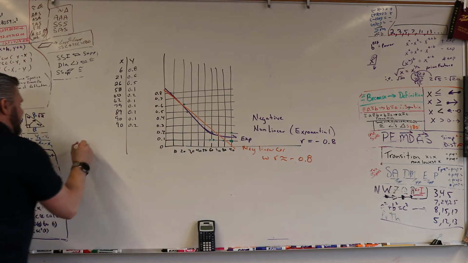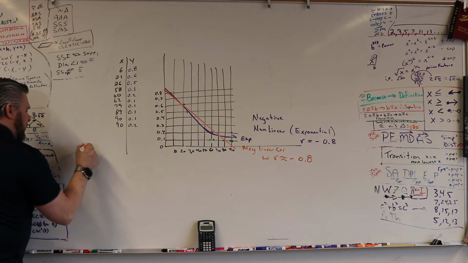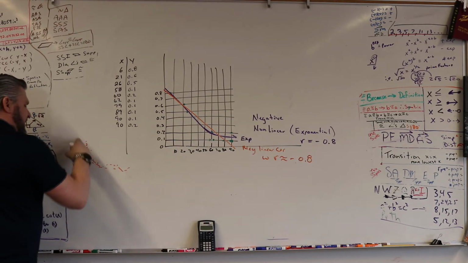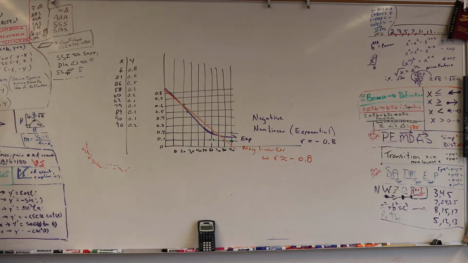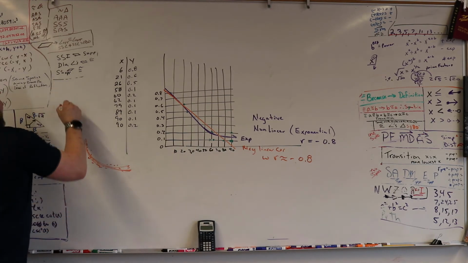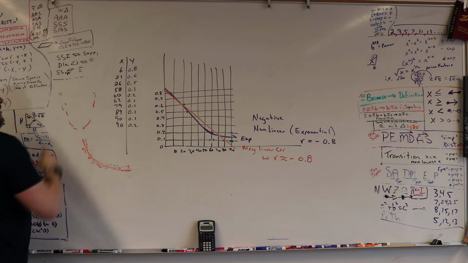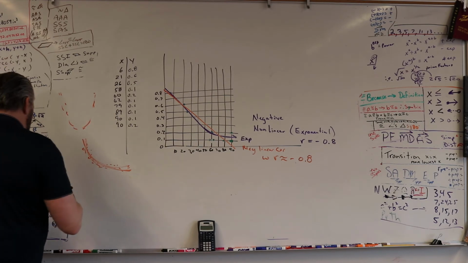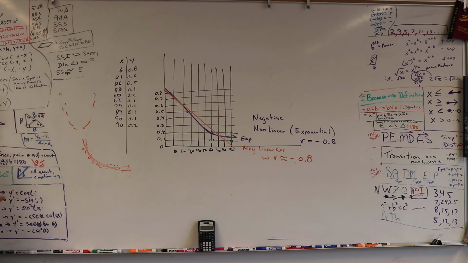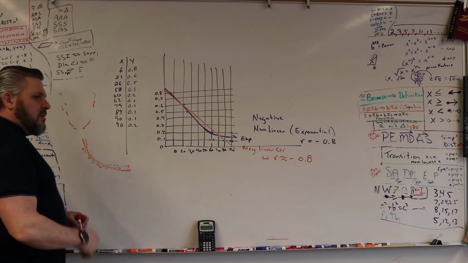Now some of these data is gonna go like this, right? It's gonna go like this, and then it's gonna go like this. Now at this point, it's not linear at all. This is non-linear. Anytime you have data like this, that's non-linear, okay? So we'll talk about what type of curves they are in the future, okay?